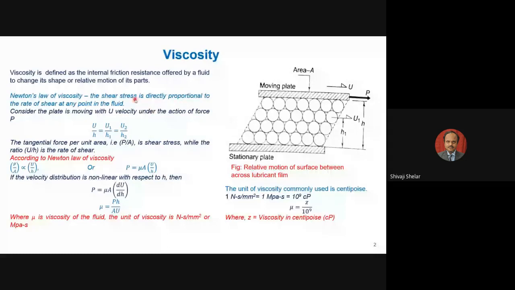Normally, most rules and regulations are converted into mathematical formulas by appropriate sign convention. So for that, we are considering here force is P, and velocity of this plate is U. Consider the plate moving with velocity U under the action of force capital P. If I apply this statement to this molecule, I will have a relation U by H, because I am assuming a linear deformation.